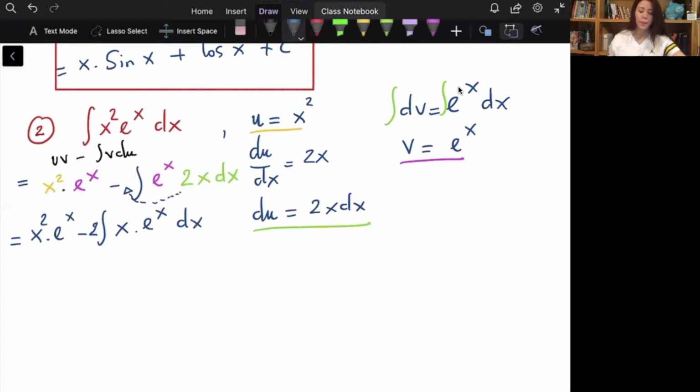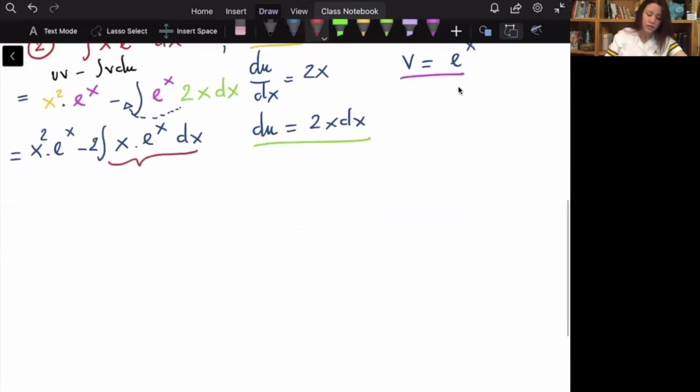Now, for this one, it looks like we have another round of integration by parts. So let me rewrite the first term, x squared times e to the x minus 2, and I'm going to put a bracket here.